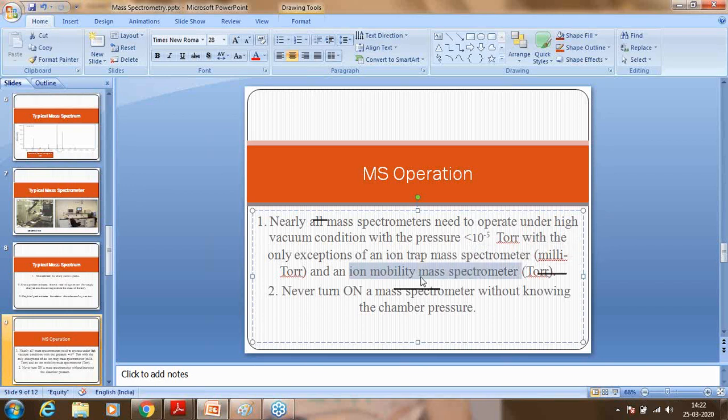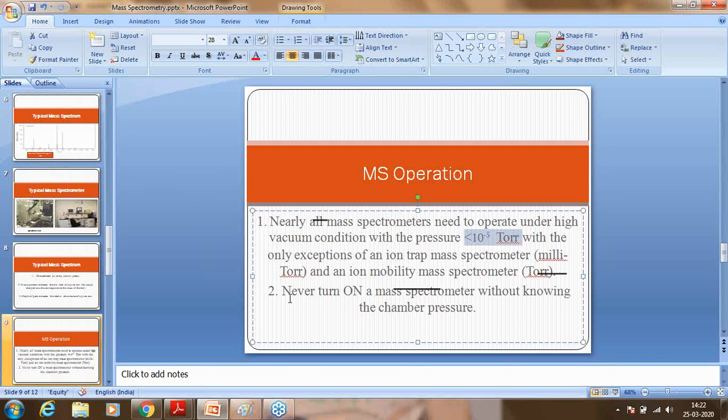These are the two mass spectrometers which do not follow the vacuum pressure of less than 10 to the power minus 5 torr. But in the majority of mass spectrometers, the pressure should be less than 10 to the power minus 5 torr, right? So the working must be in vacuum condition.